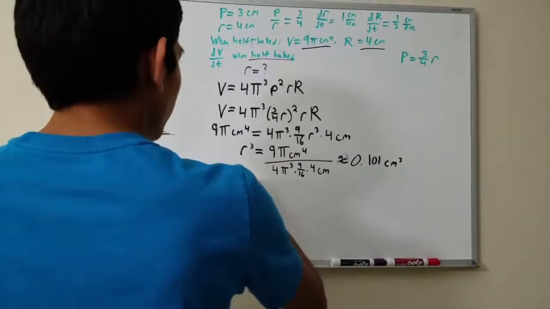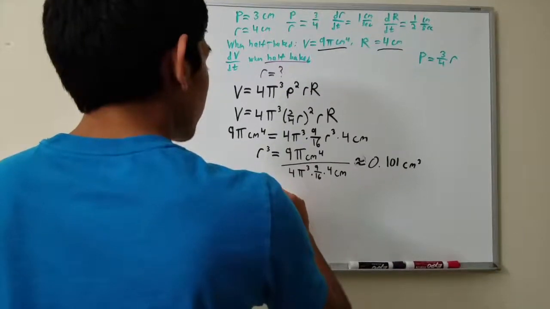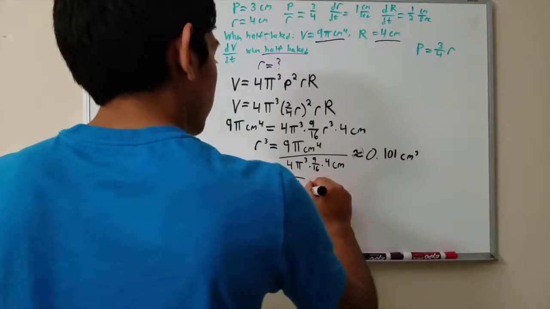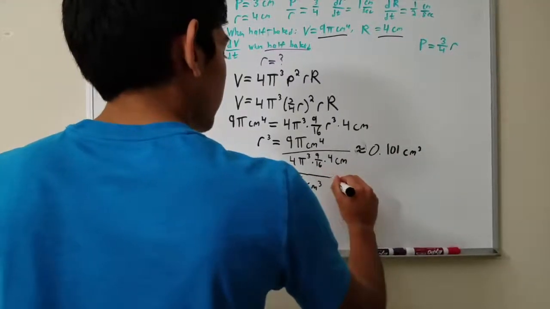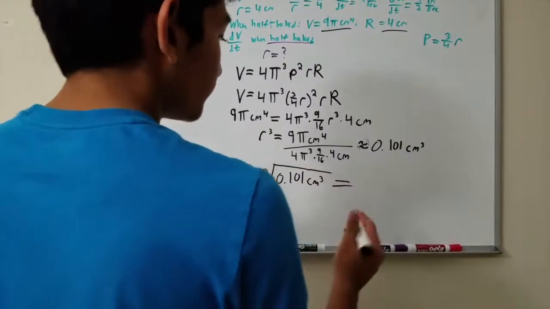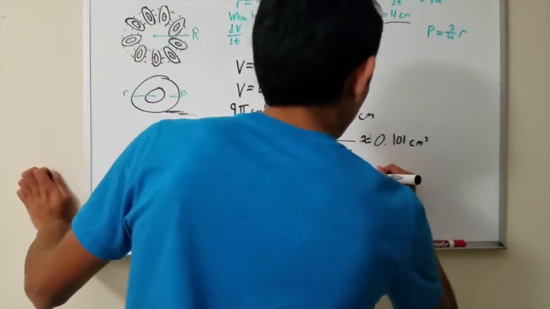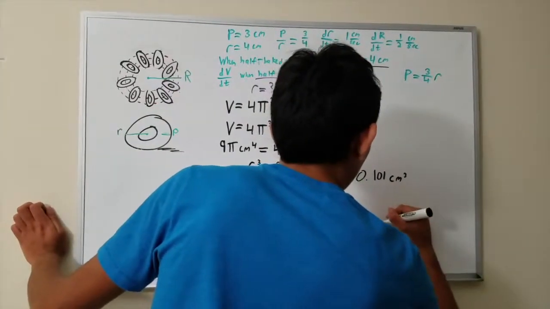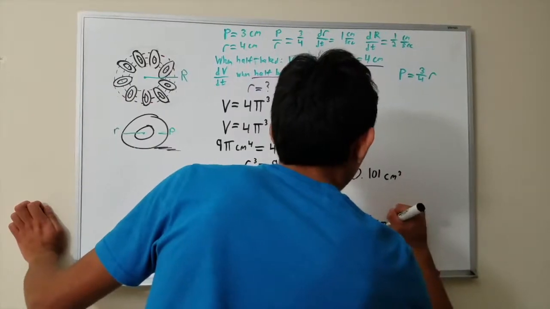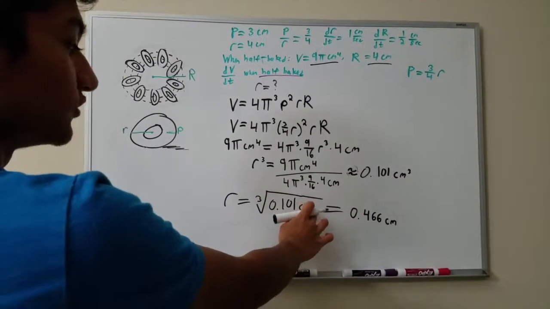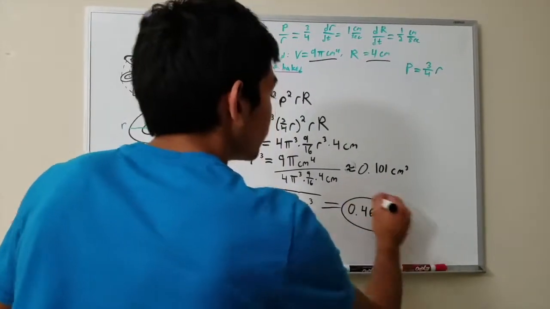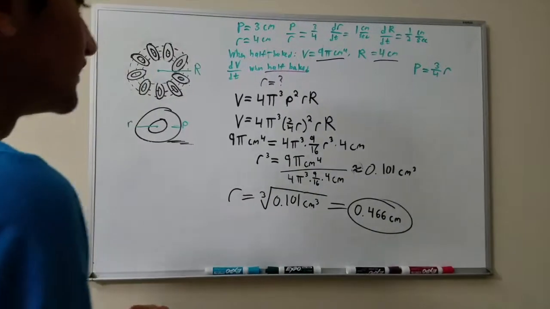So then you take the cube root of that value to get the value of r, which is approximately 0.466 centimeters. And you notice that the cube root of centimeters cubed will be centimeters. So we know that our answer is at least in the correct units. So that is our value for r, which we can then plug into the derivative equation later to find the change in volume.